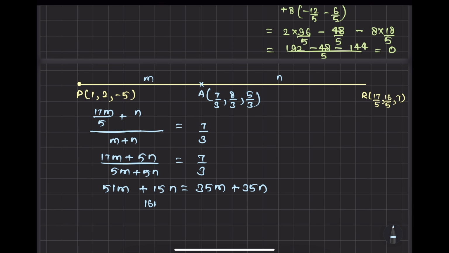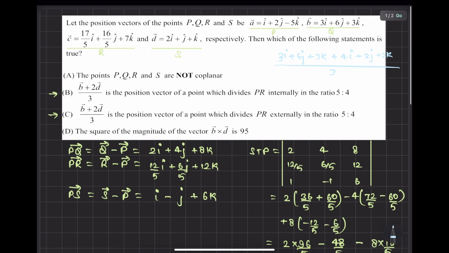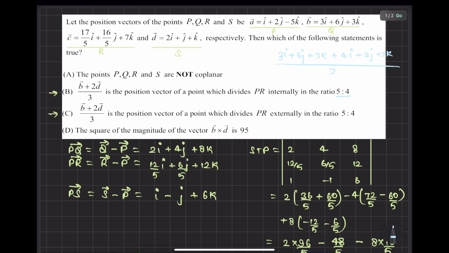So it is 16m equals 20n. Now you know that we should go with m by n. So m by n will become 20 by 16, so it is 5 by 4. Now look at the ratio. The ratio is m is to n, so it is 5 is to 4. The ratio is positive. This means internal division. Correct. This means option B is correct.